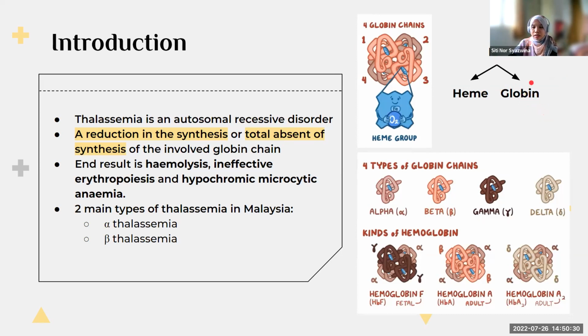So the hemoglobin that is produced is abnormal and very immature, and there is a lot of excess alpha chains. This results in ineffective erythropoiesis. The combination of hemolysis in the spleen or in the blood vessels, combined with ineffective erythropoiesis as the bone marrow tries to compensate for the lost RBC, will result in anemia. And the type of anemia is hypochromic microcytic.